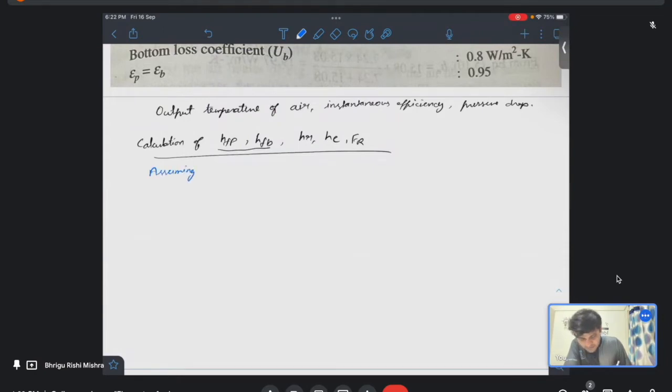Assuming that the mean temperature of air, that is TFM, is 55 degrees centigrade, the properties of air are as follows.